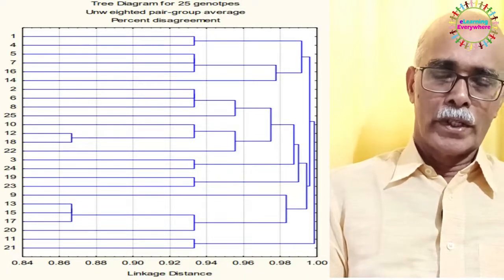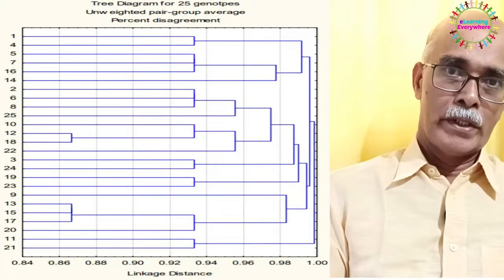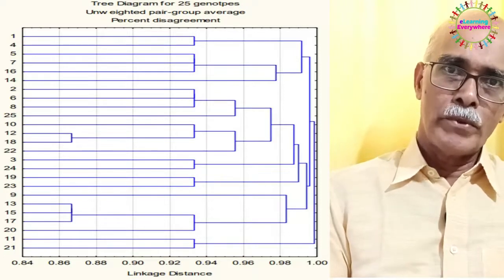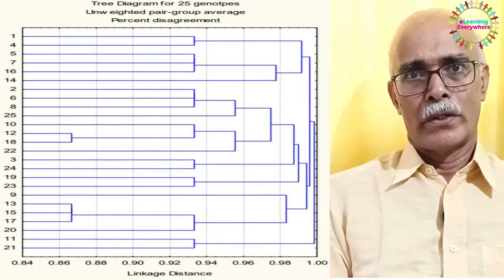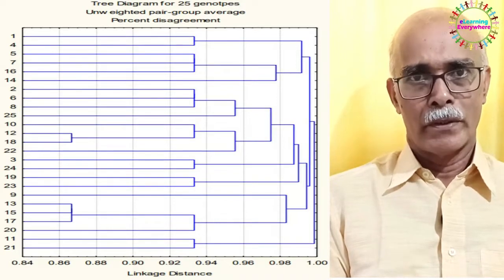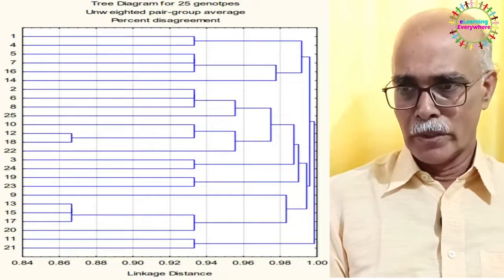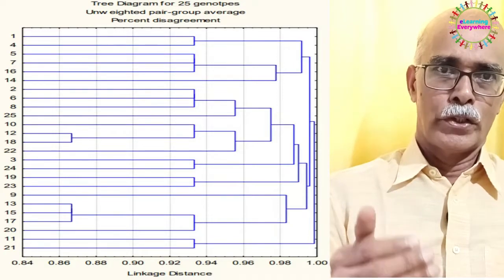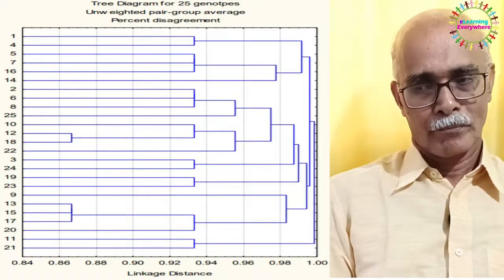First, you are getting a table showing percent disagreement. The distance between different objects, different genotypes under study, based on the 15 characters will be computed, and it would be given in the form of a spreadsheet in which the percent disagreement between the genotypes 1 to 25 will be given.